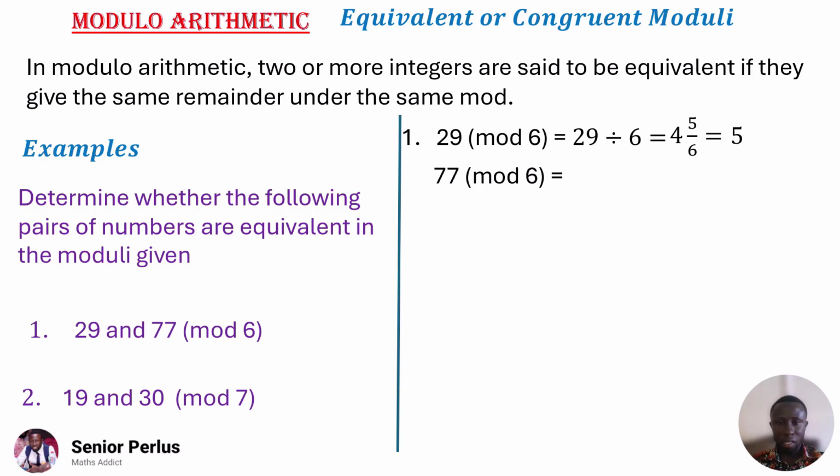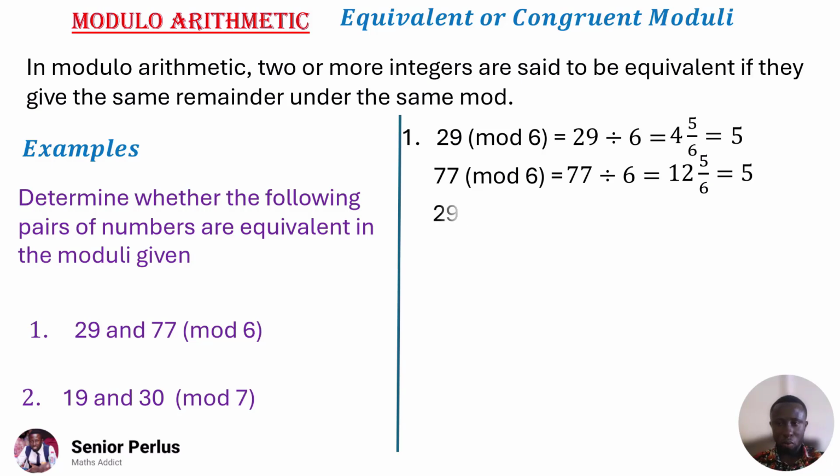So 77 mod 6. That is 77 divided by 6. I'll use the mixed fraction here: 12 times 6 plus 5. The remainder here is still 5.